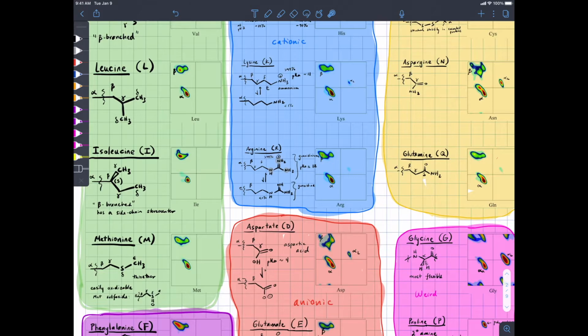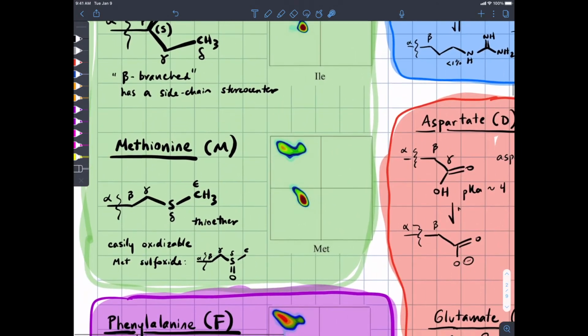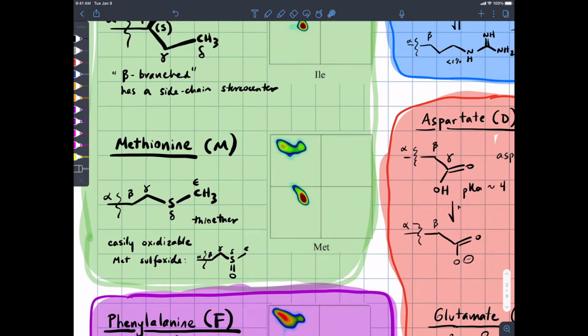And then finally, you've got methionine. This is kind of a weird one because instead of just being a hydrocarbon, you've got beta, gamma carbons, and then the next atom is a sulfur, followed by a CH3 group. Why does nature want to do this? Well, nature actually does a ton of other things with methionine.